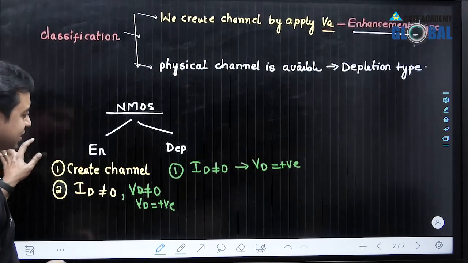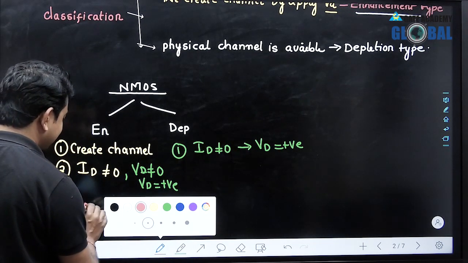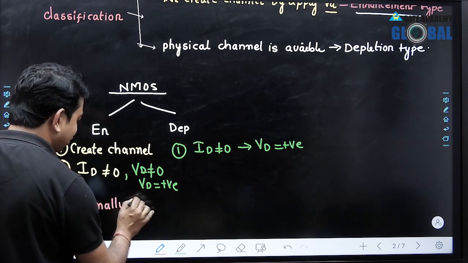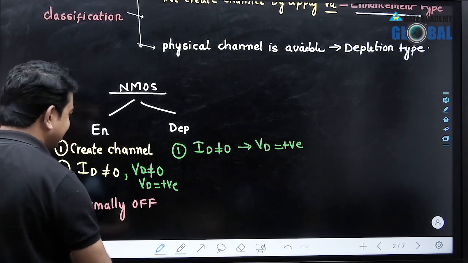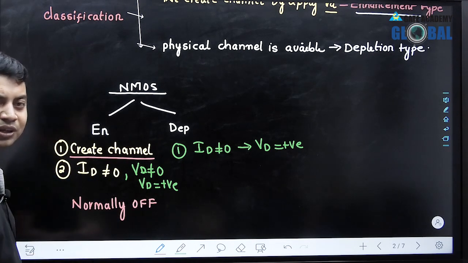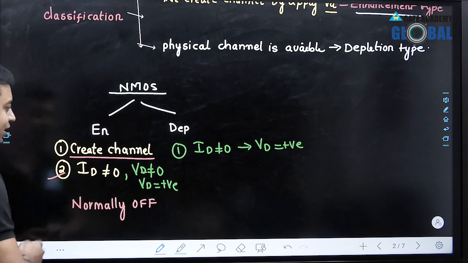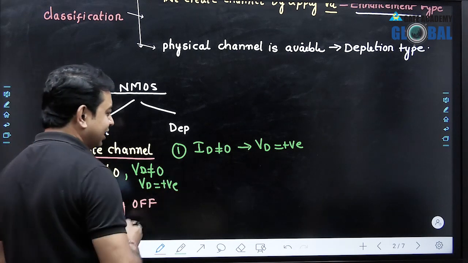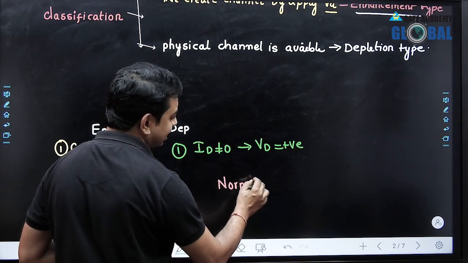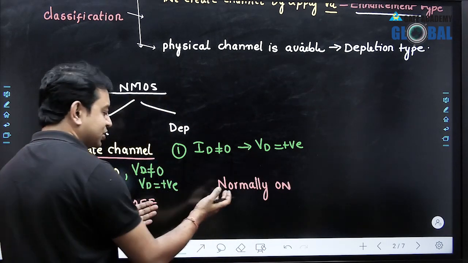So this is a normally off device, and we have to create a channel, that means make the channel conductive, make this device on, and only then can we get the current. But here we can directly get the current. So we can say this is a normally on device.